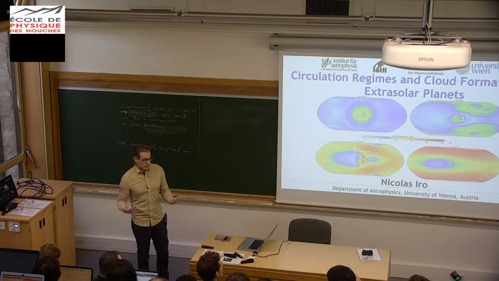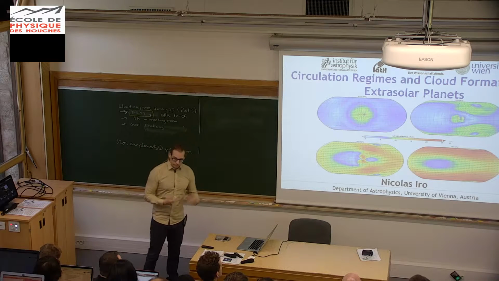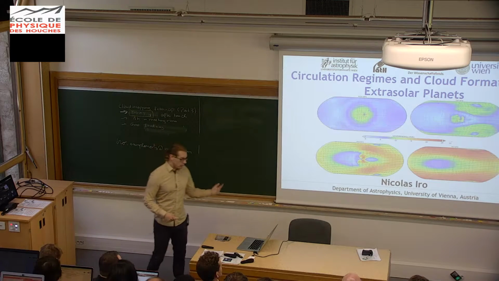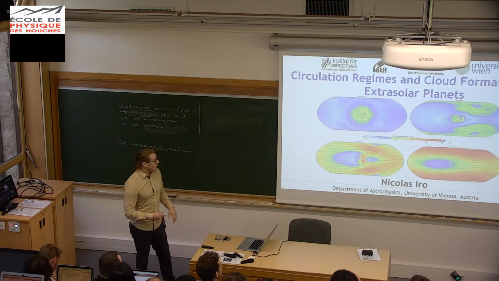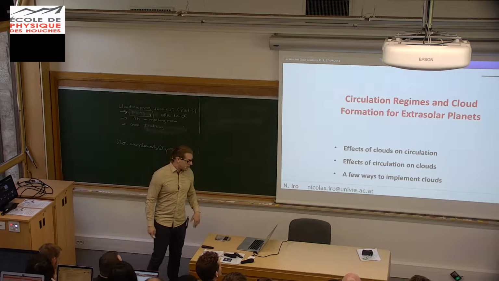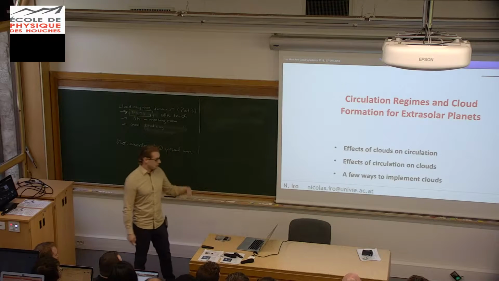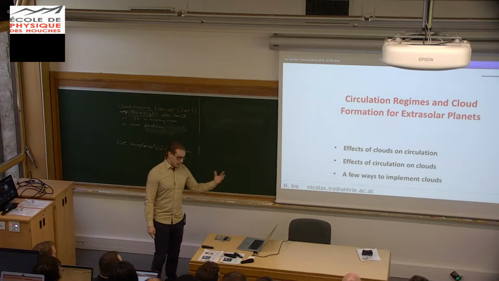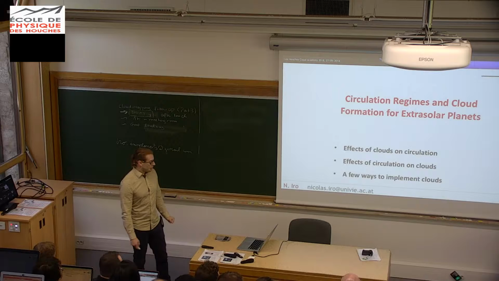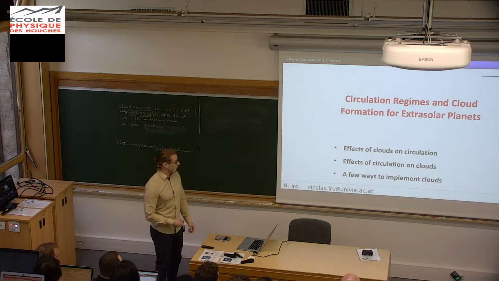So if you have a GCM and would like to implement clouds, how would you do that? As a brief introduction, I will talk about the effect of clouds on circulation and the effect of circulation on clouds, and then a few ways to implement clouds in models.